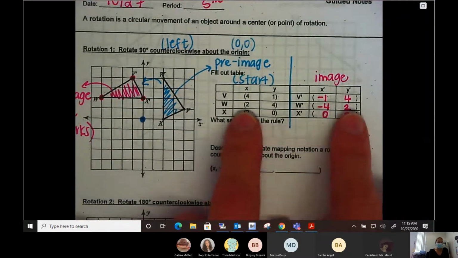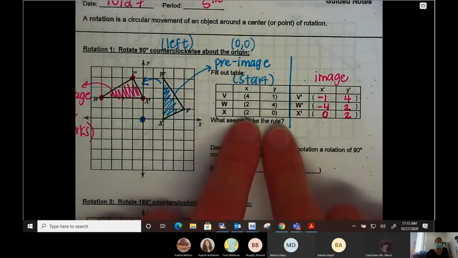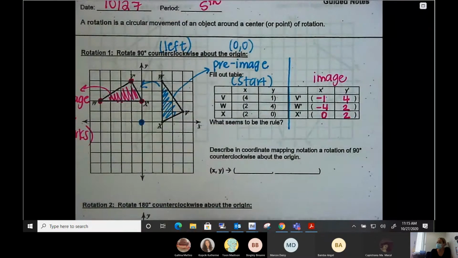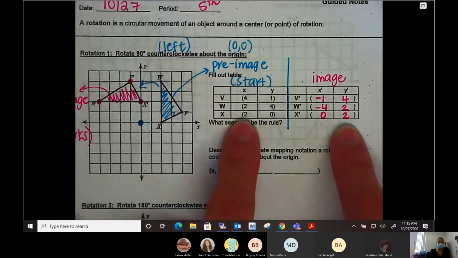They definitely look like they are trading places, right? 2, 0 becomes 0, 2. Are they all changing signs? No, well, 0 can't be negative. But did these ones change signs over here? No, these didn't change signs.